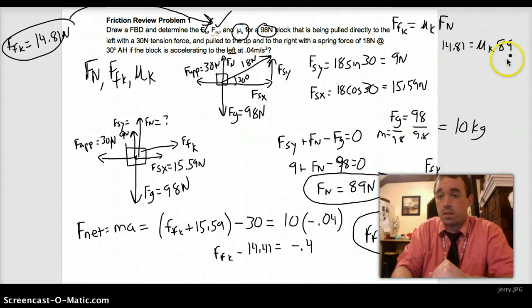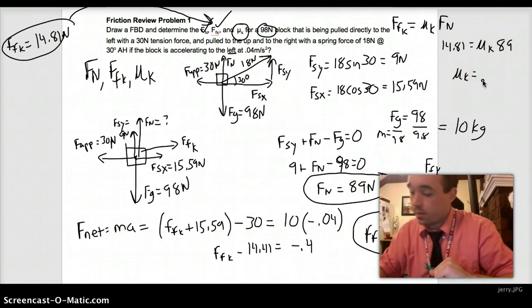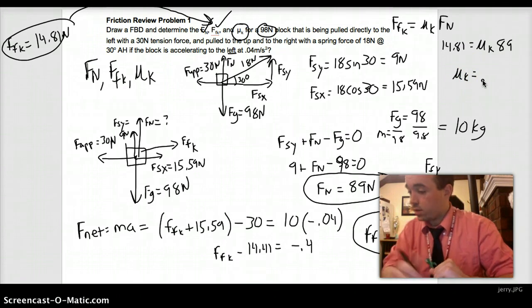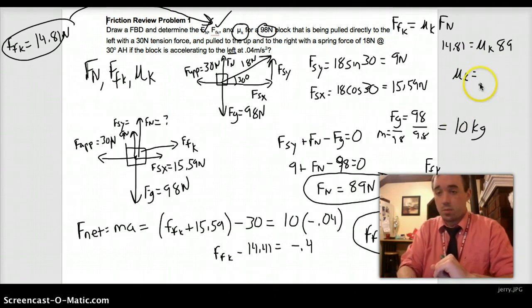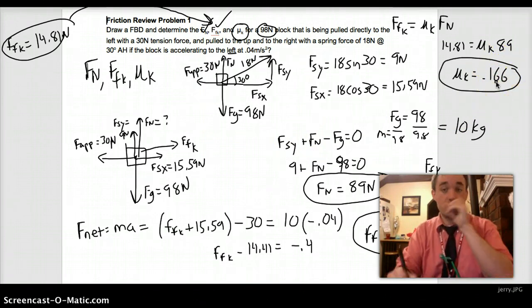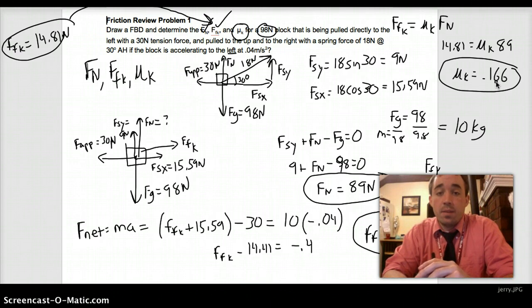It's 89, which gives me a mu k equal to 14.81 over 89, which is 0.166. No units because coefficients don't have any units. All right, and there we go. So we broke it apart, found our normal force using all the vertical forces equal 0, found our force of friction, used our force of friction to find our coefficient.